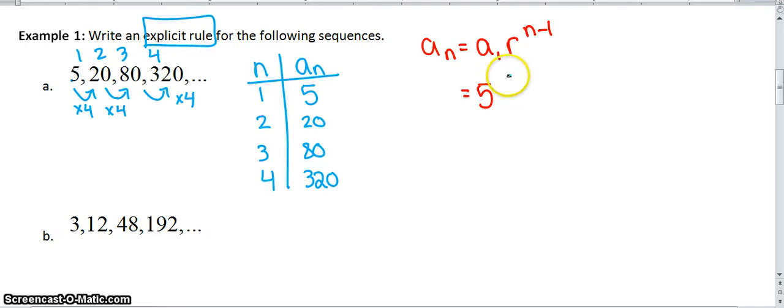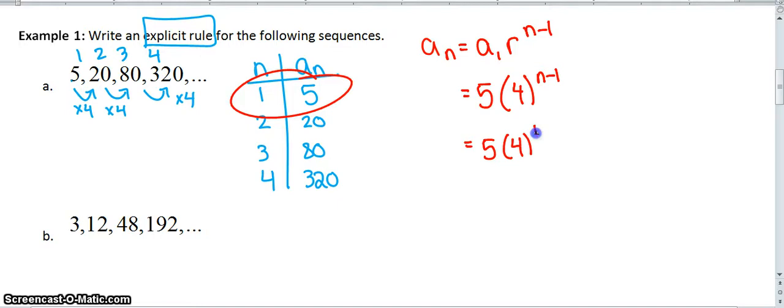Our r, our common ratio, is 4, raised to the n minus 1. And you can check that to see if it works. If I plug in 1, will I get 5? So it'd be 5 times 4 to the 1 minus 1, which is 0, which is 5 times 1, which works. Okay, so that's just a really quick, easy way to get the formula, by memorizing this formula.